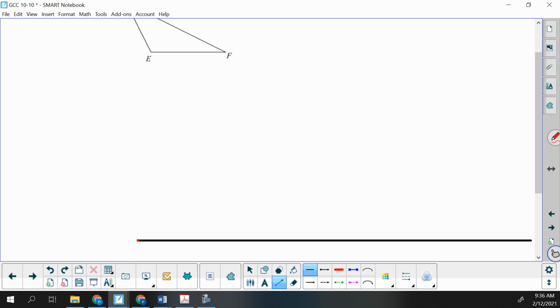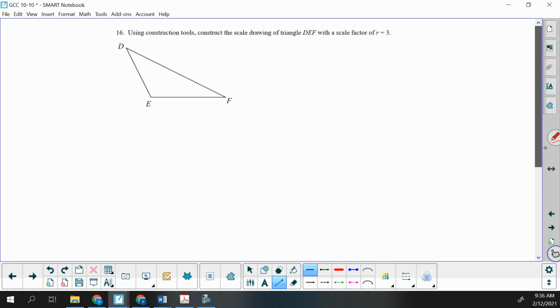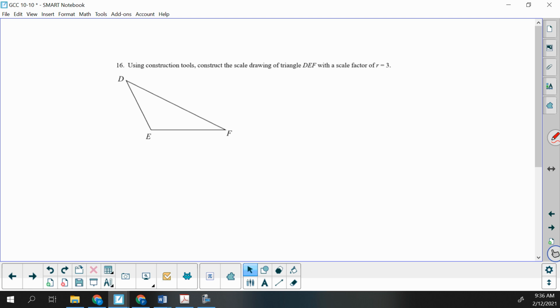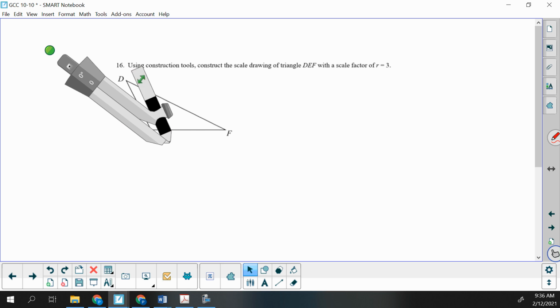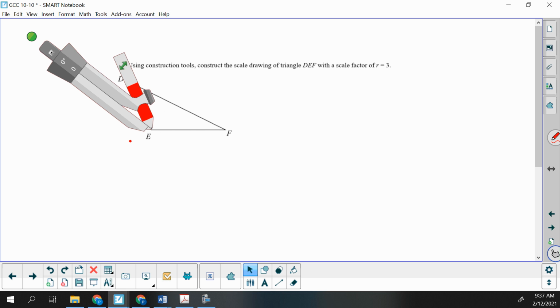We're going to make this point here be point E prime. So the first thing we have to do is we have to copy our angle E. So with our compass, we're going to put our point on E and make any convenient arc.